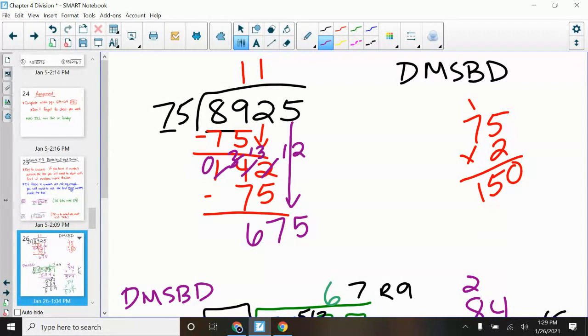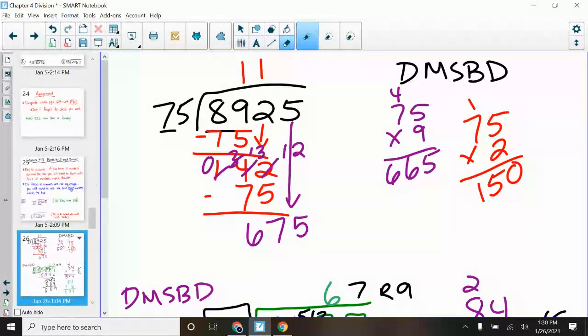How many 75s will fit into 675? Shane, how many did you get? 9. He thinks 9. Well, I better check him and see. So in my workstation, I'm going to do 75 times 9. And when I do that, I come up with 665. Right? No. 675.